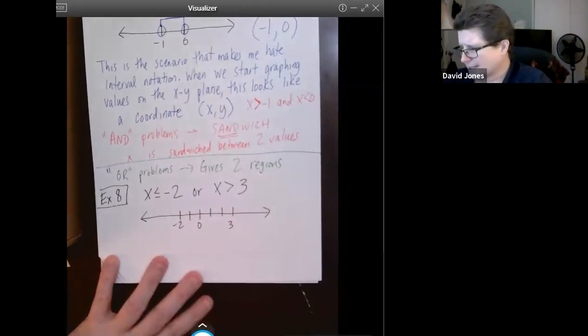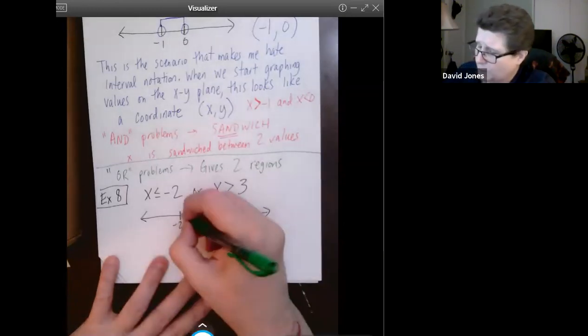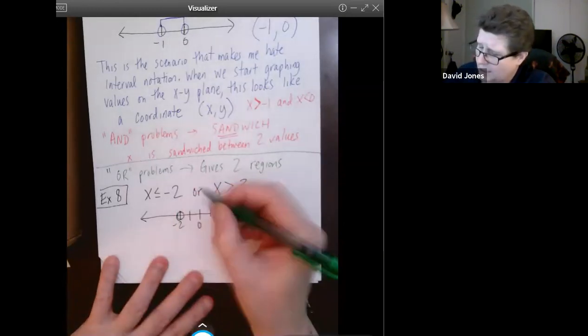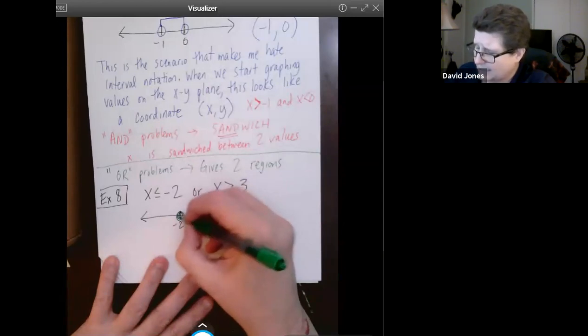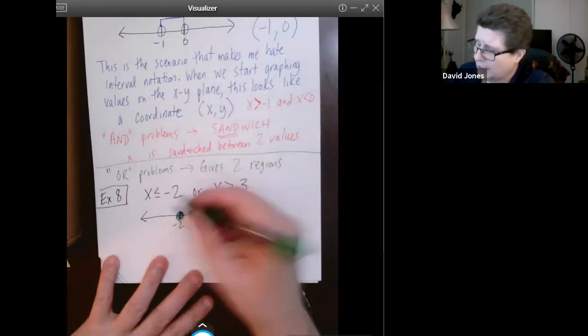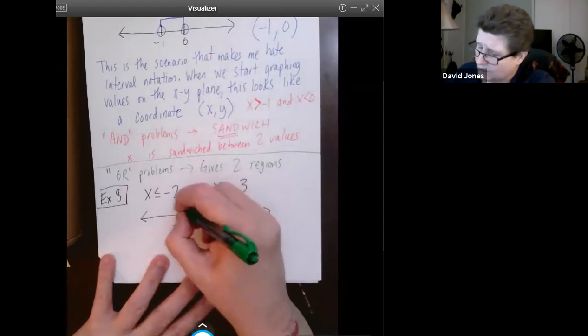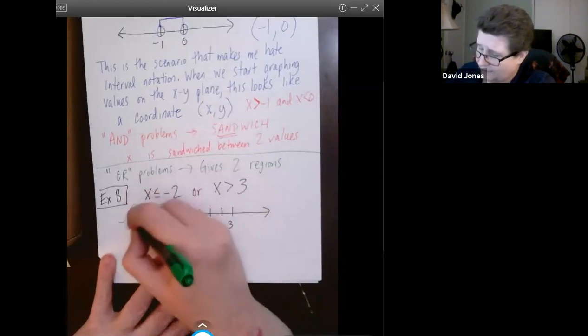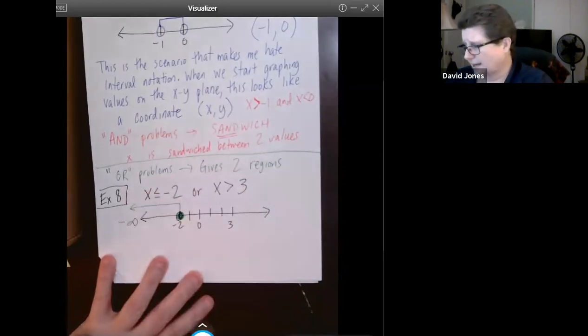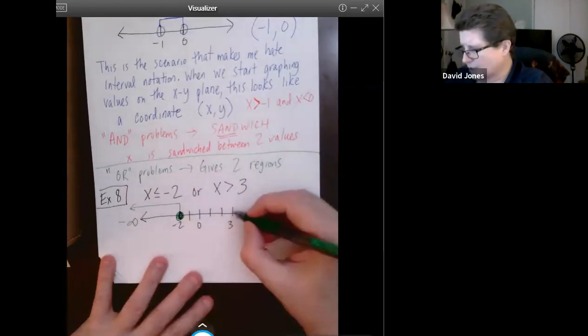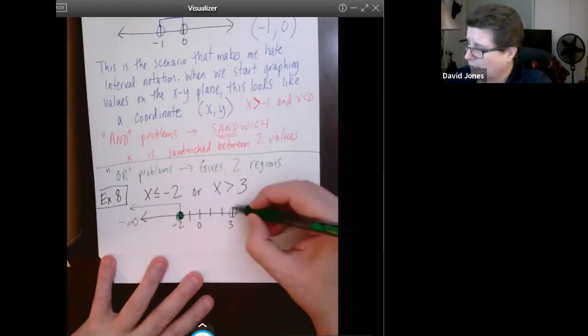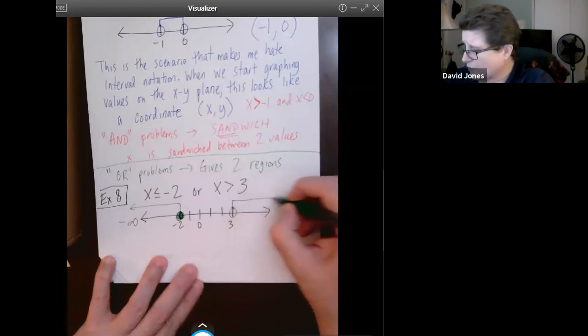So the X is less than or equal to -2. I put a circle on the -2. I fill it in because it's got the equal portion. And I'm going to draw an arrow to the left towards -infinity. And X is greater than 3 is over here. Put a circle on the 3. We don't fill it in. And that's values greater than 3.